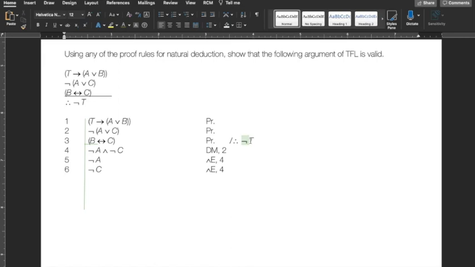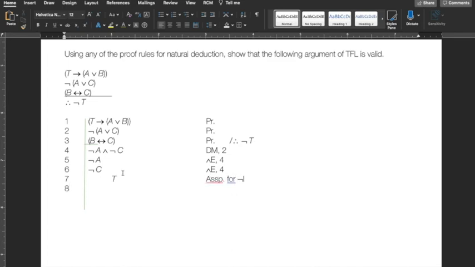Our purpose now should be to look to our conclusion. Our conclusion is the negation of T. Since we have a negated sentence, it is probably useful to use negation introduction. So if we want to introduce negation, we have to assume the sentence we want the negation of. So this is the negation of T, so we should assume T for negation introduction, and just mark that as an assumption.